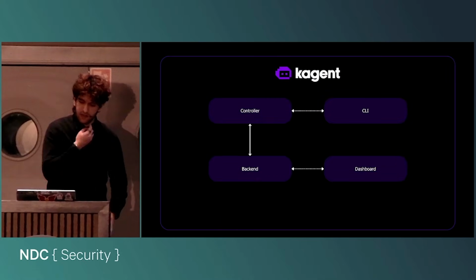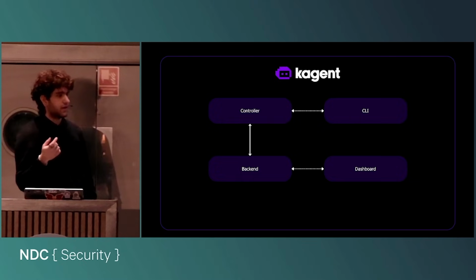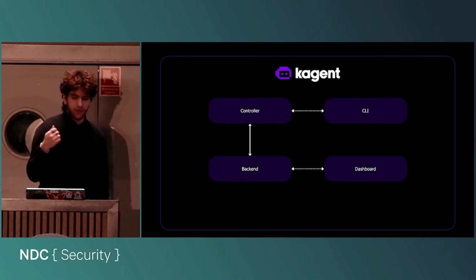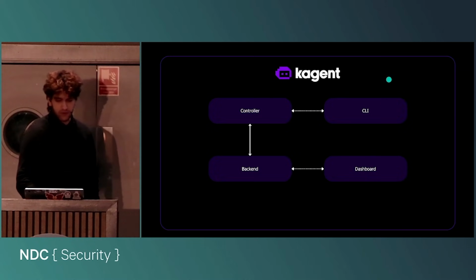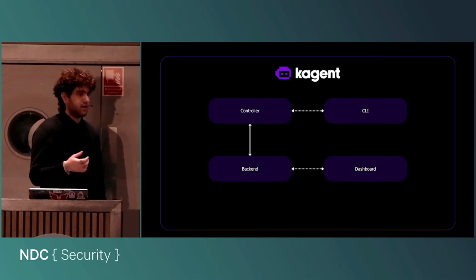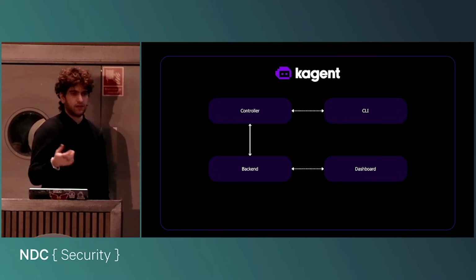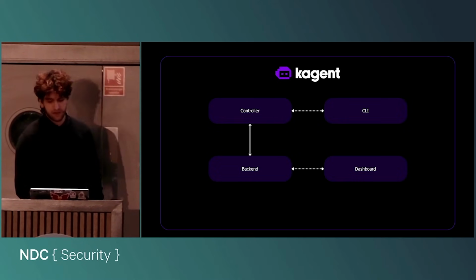And KAgent actually has a tiny drawing of how their communication flows within their solution. We haven't talked about it, but they do have a CLI, which you can use to install if you want to try KAgent on your own. It's a brew install KAgent and then KAgent install, and you have KAgent running in a couple of minutes.